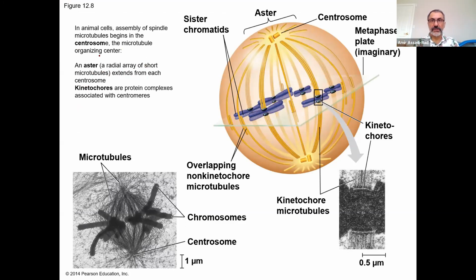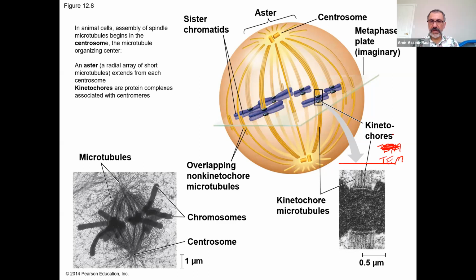Yes, okay, so centrosomes are right here, and then the microtubules organize, and the kinetochores are protein complexes associated with centromeres. So there are protein molecules called kinetochores right here, and they're showing you a TEM, transmission electron micrograph, sorry.